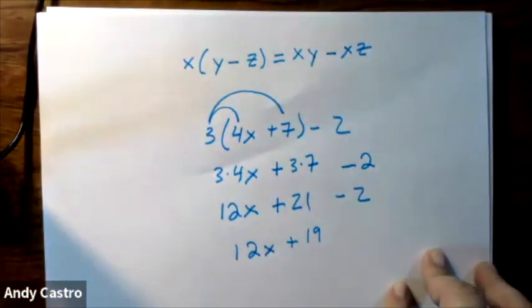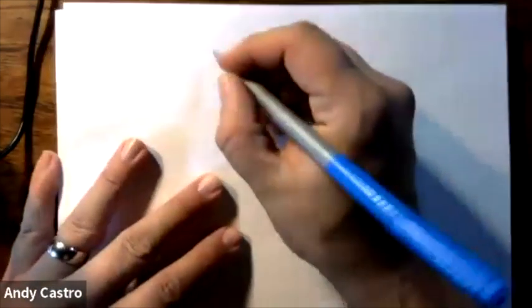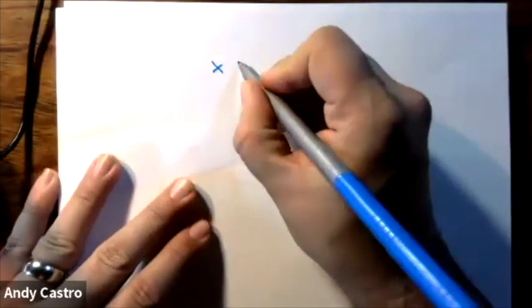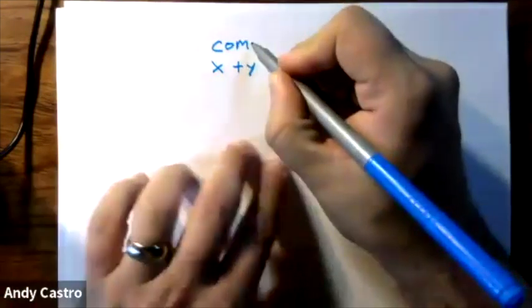All right. So let's look at another property, another axiom. We know that addition is what we call commutative.